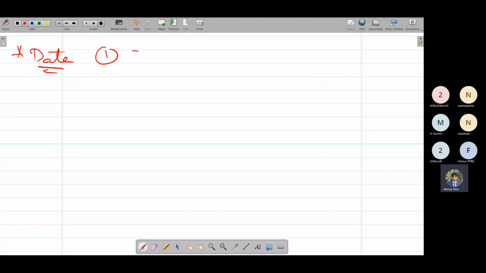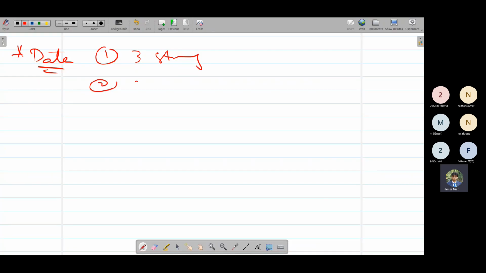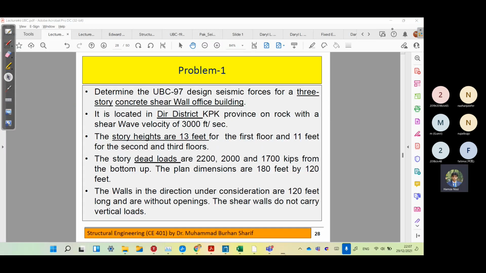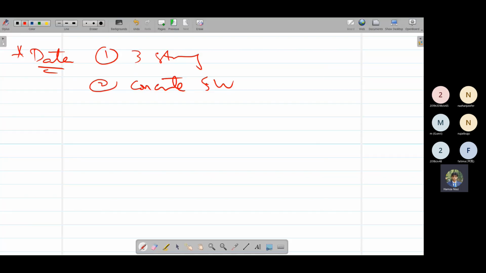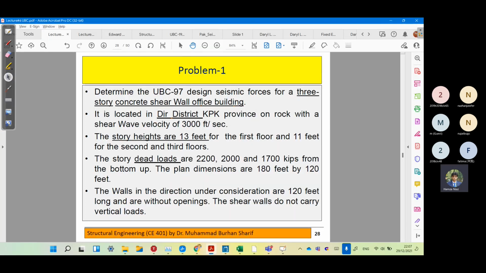First, it is a three-story building. Second, it has a concrete shear wall. Third, it is an office building. We are going to get the factors from all these. Its location is in their district.